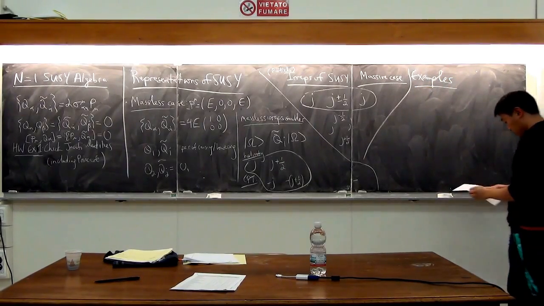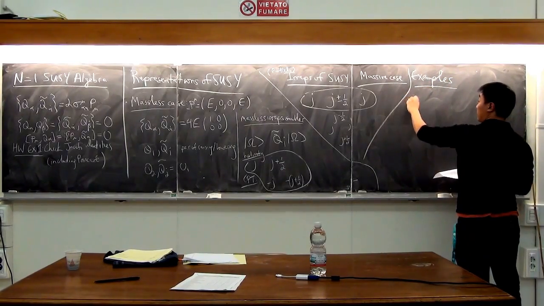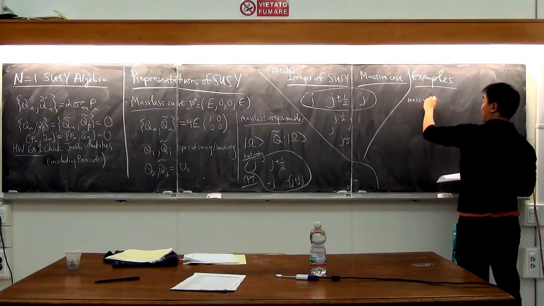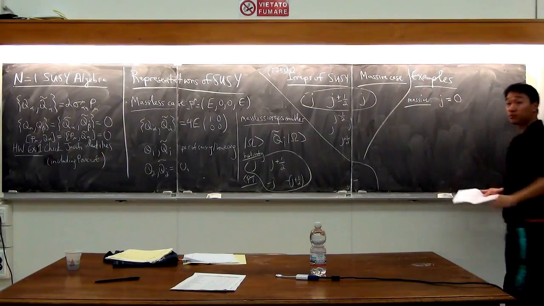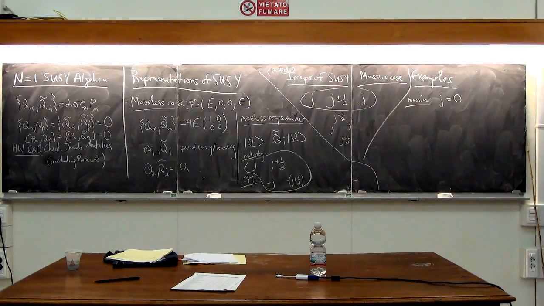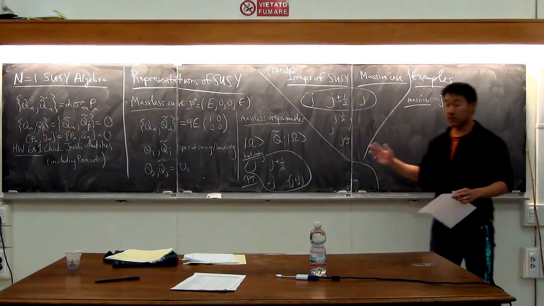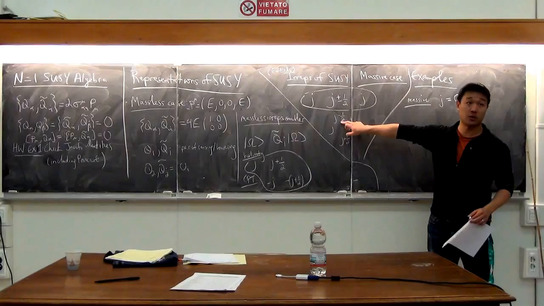So one example is the massive case, let's suppose we did J equals 0. J equals 0 is a bit special because this doesn't exist anymore. There's no minus a half total spin.